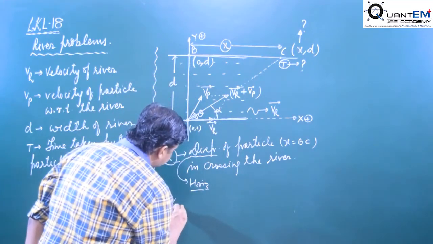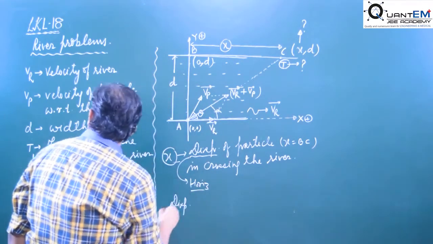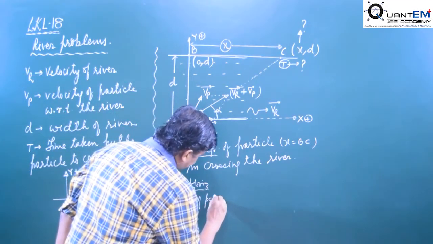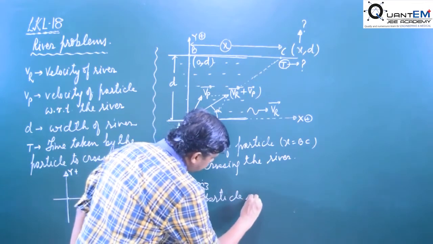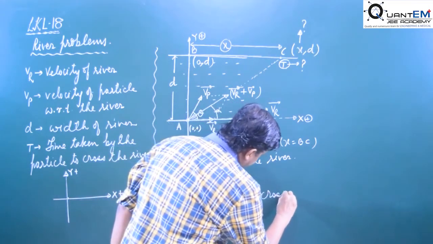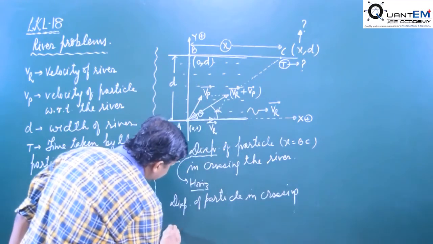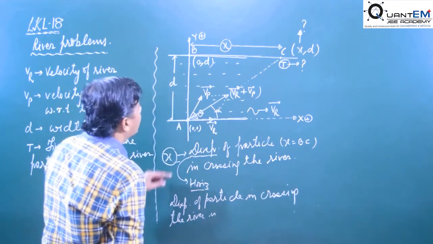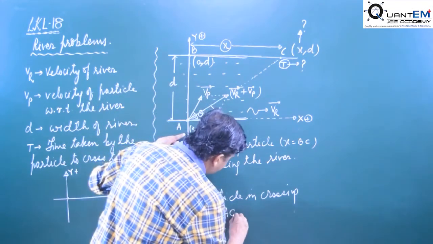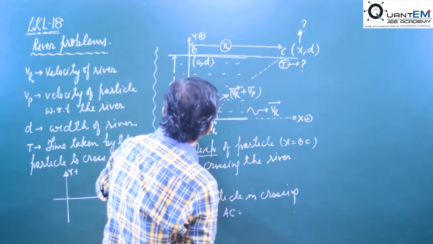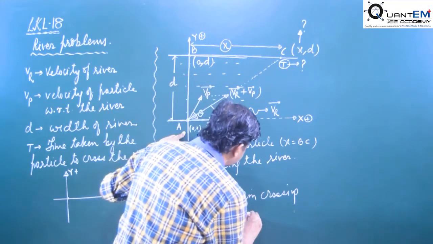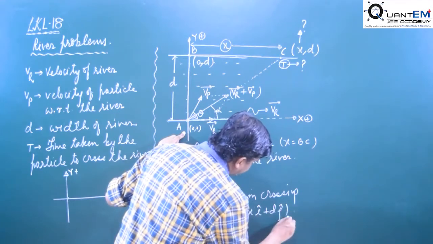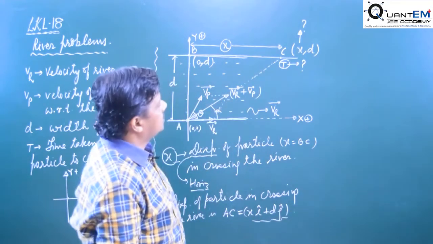So displacement of particle in crossing the river is AC, that is equal to x i cap plus d j cap according to the vector law.